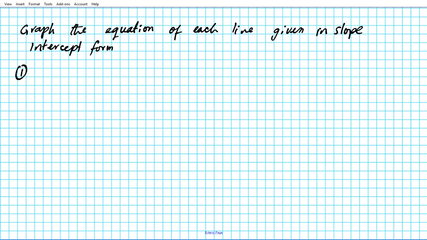Alright, so question 1. What if you have the line y equals 1/2 x minus 4? Number 2, y equals negative 1 over 5x minus 3.